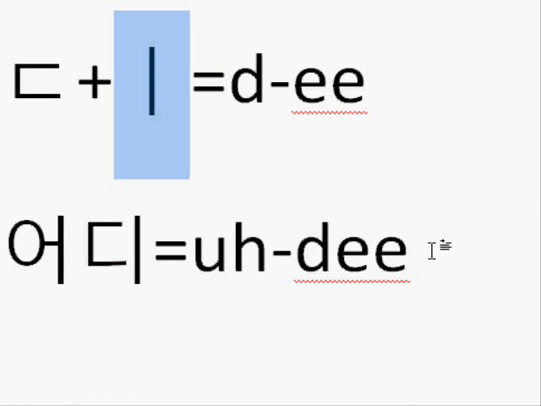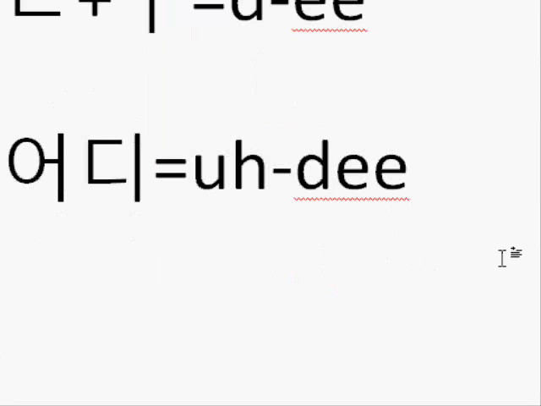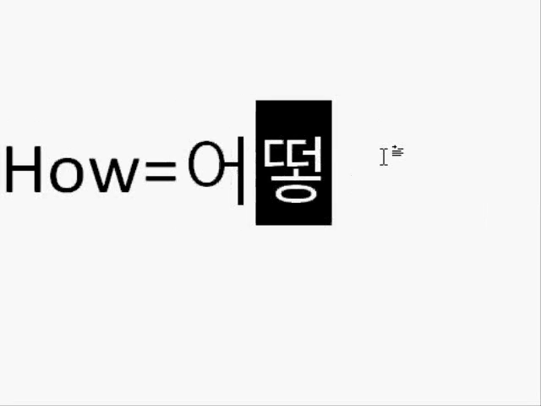Okay, so the next one would be how. How is actually really complicated, but I just want to show you an example of combination between consonants and vowels. If you were to write this in Korean, it looks like this.